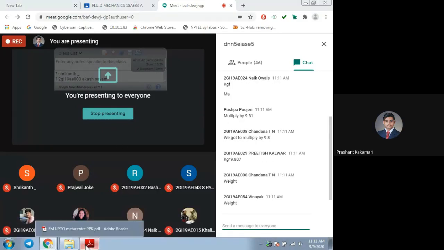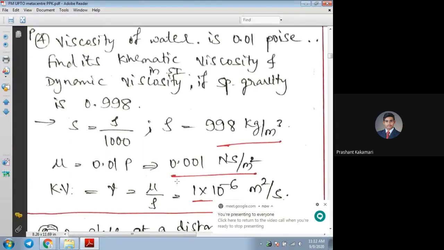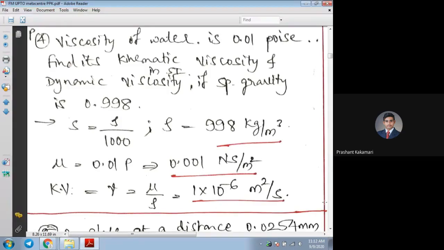So here in this problem, you have to convert that density value 998 kg per meter cube into weight. So you have to multiply this with 9.81 in the denominator. Viscosity is already in Newton second per meter square. Now if you take that ratio, I'll get 1 into 10 raised to minus 6 meter square per second as the kinematic viscosity.